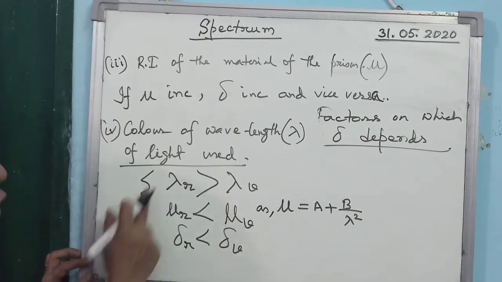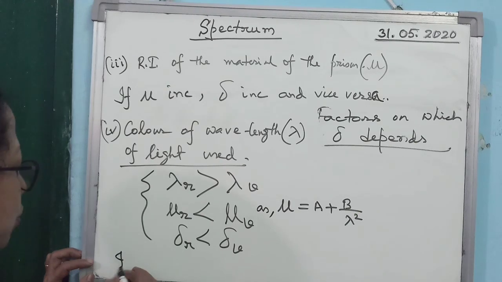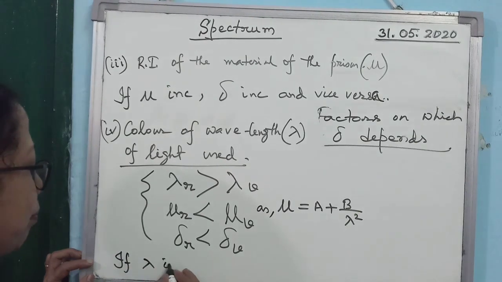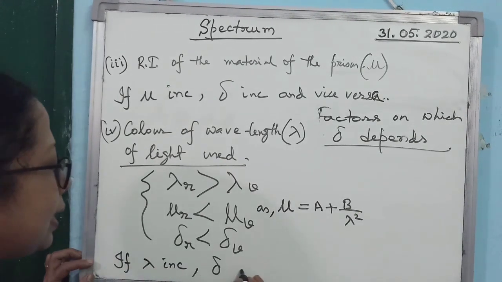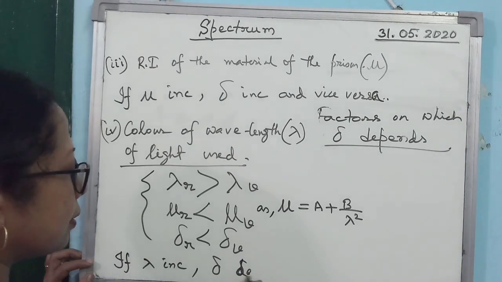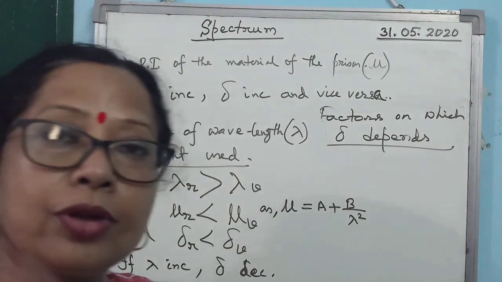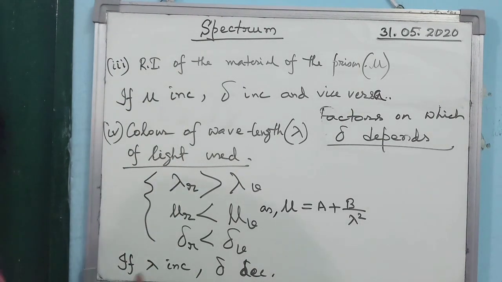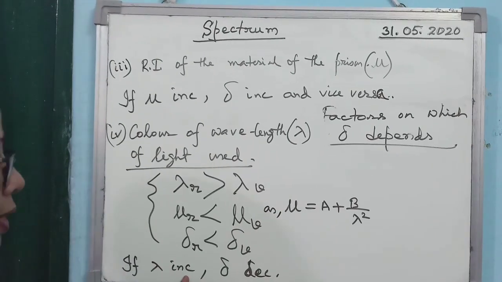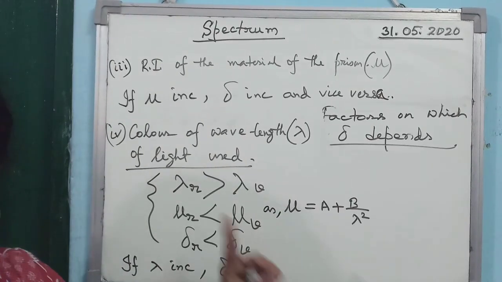Is that clear? So, if you consider all the three steps, you can write that if lambda increases, then delta decreases. Again I am saying, don't write inversely proportional. Write this way: if lambda increases, then delta decreases and vice versa.